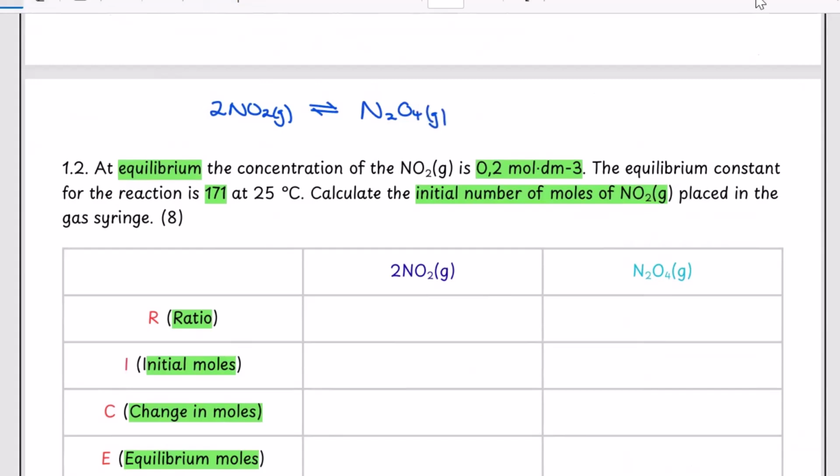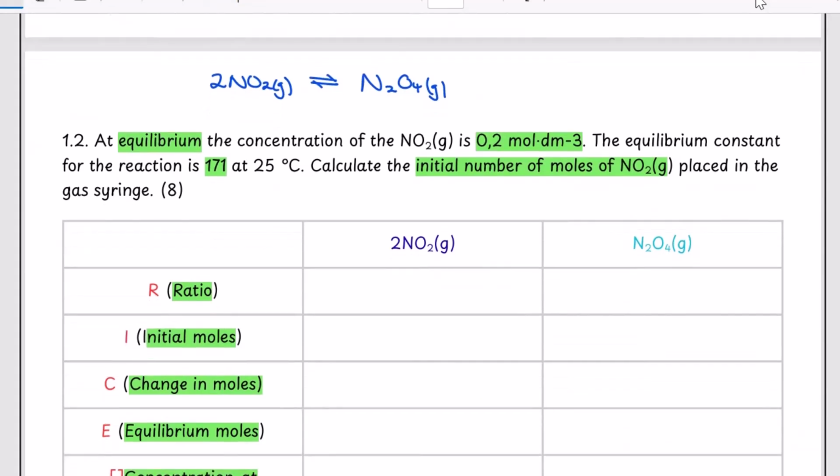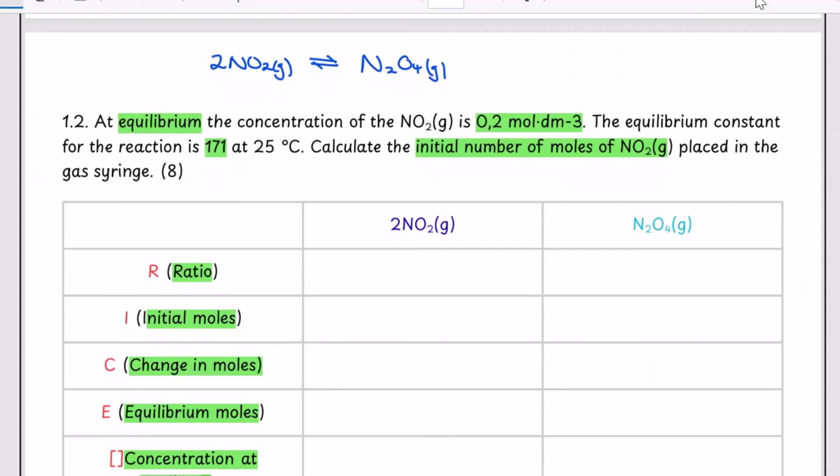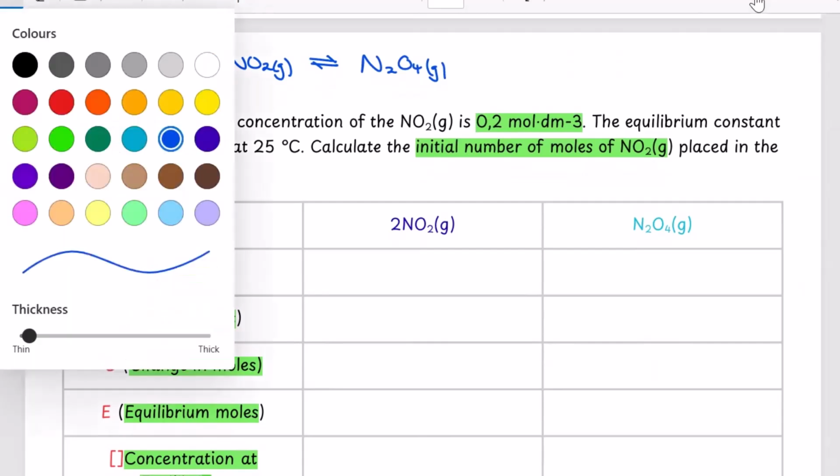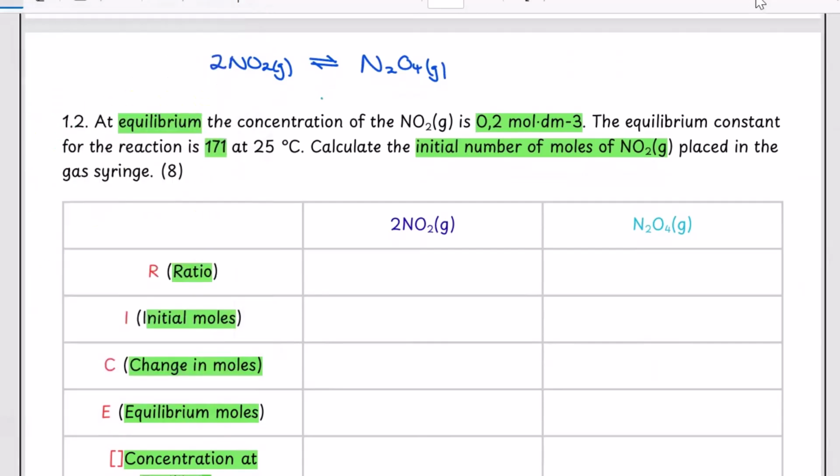So this is our original equation. Now I'm going to start filling out the numbers. What's the ratio between this and this? According to the equation, the ratio is 2 is to 1. We have 2 of NO2, and here an invisible 1. So the ratio is 2 is to 1.